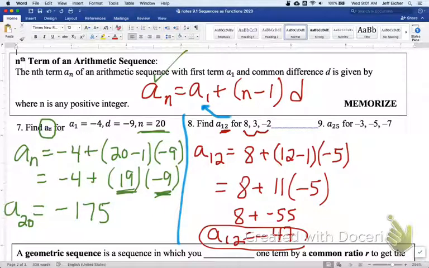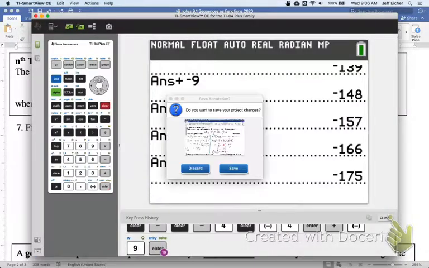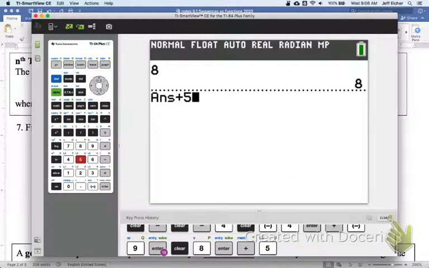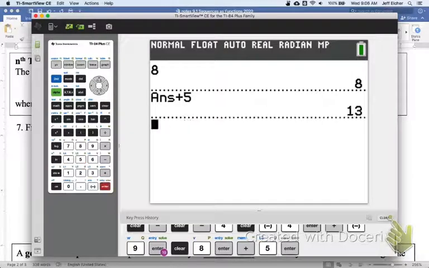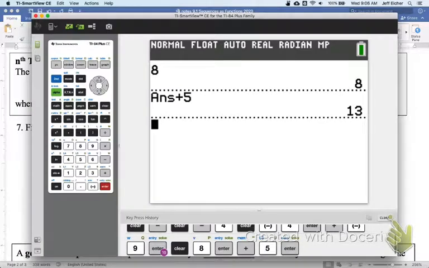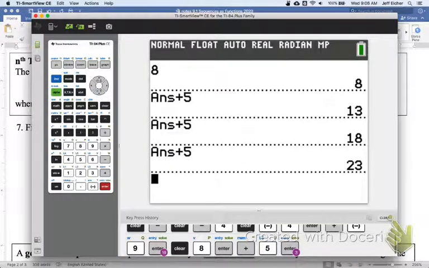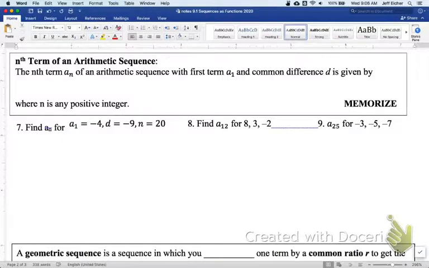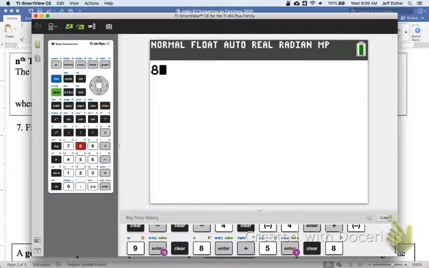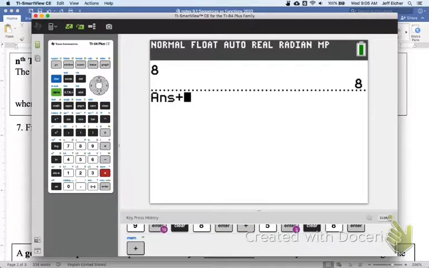Using my calculator, we start at 8 and we're adding -5 each time, and we're going to 12 terms.